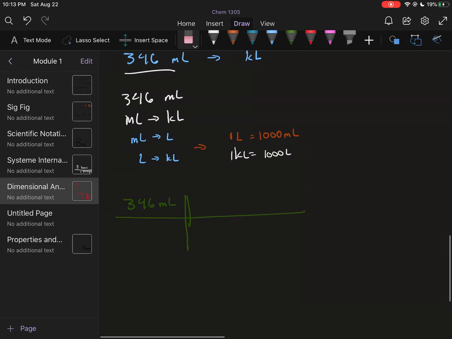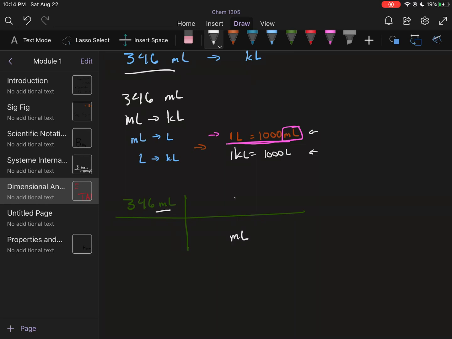And then want over have. Remember, want over have. So what do we have? We have milliliters, and according to our two equations, which equation do you think we should use? Well, this top conversion is the one we're going to use just because it has milliliters, right? It's the only one that fits.